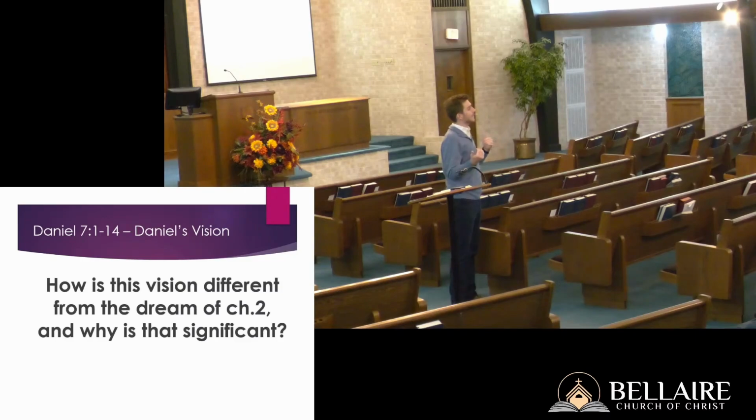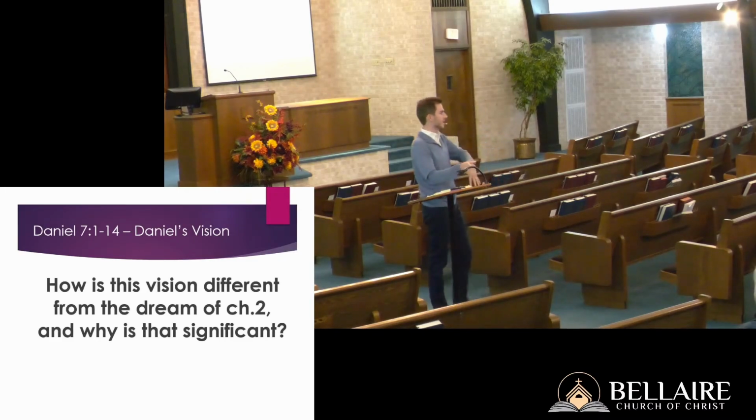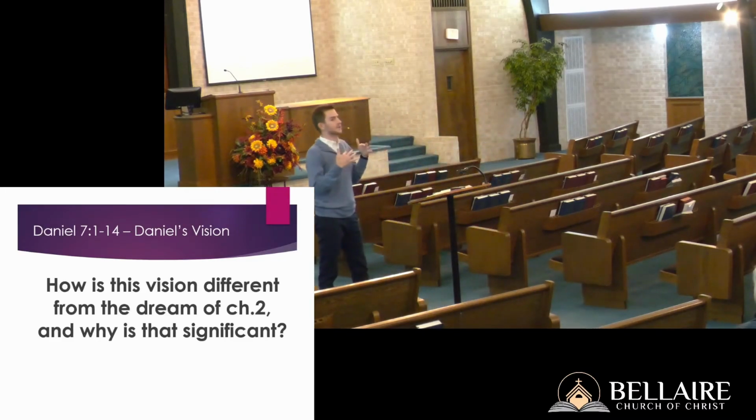Whereas chapter 7 is a picture of the nations from God's perspective, who is showing Daniel this vision. And from God's perspective, the nations of the earth are not beautiful, shiny objects to be desired. They are horrible, nasty, violent, ugly beasts. That's what the nations are from heaven's point of view. So I think there is something to that difference.